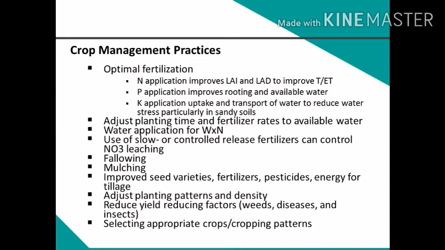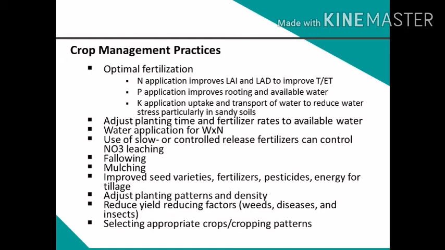When we talk about crop management practices or better agronomy in arid areas, optimum or balanced fertilization is the key. When the yield levels are too low, normally there are causes other than water, such as poor soil fertility. So, balanced fertilization is the key for improving water use efficiency because nitrogen application improves leaf area index and leaf area duration, which ultimately improves the ratio of transpiration to evapotranspiration.